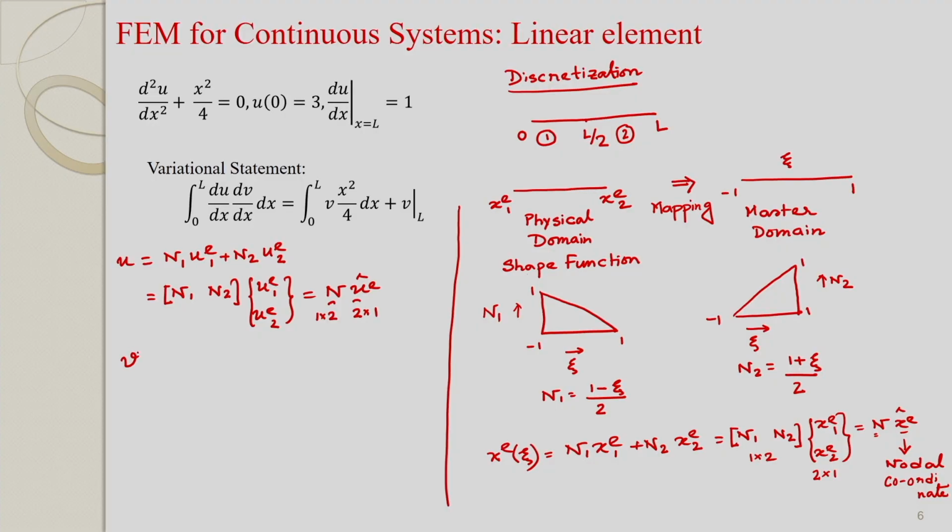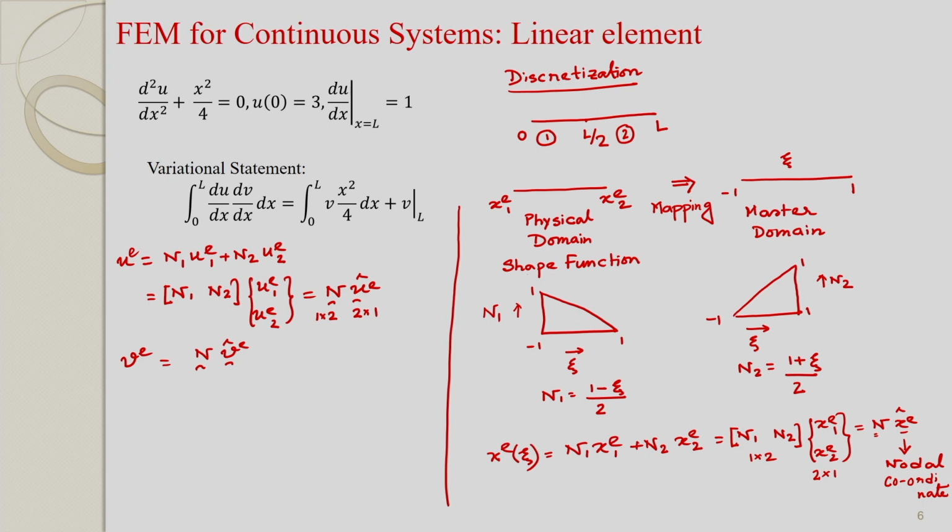Now, the variation v within the element also can be written with this relation. So, this hat denotes the nodal values. So, this is ve. Now, here we are using the same mapping for coordinate and dependent variable.